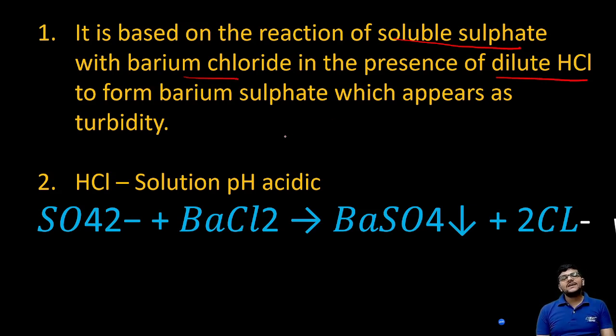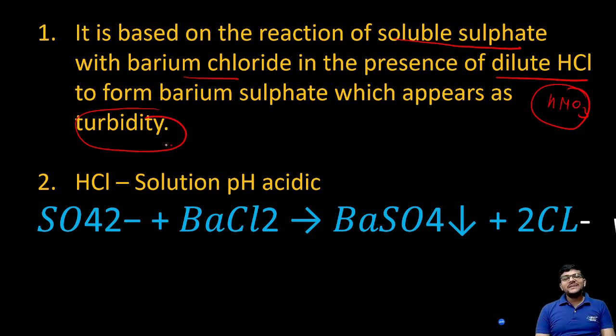Both are equal, there is a need of acid. So there is a formation of barium sulphate which appears as turbidity. We can use HNO3 as well, but preferably we use HCl.